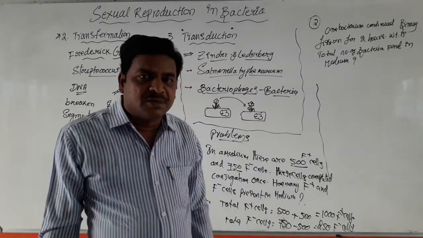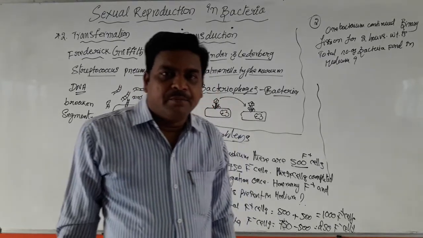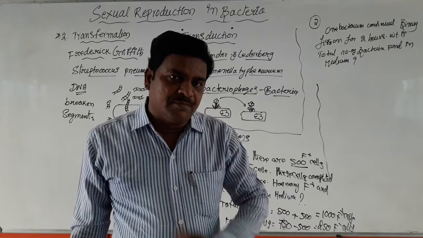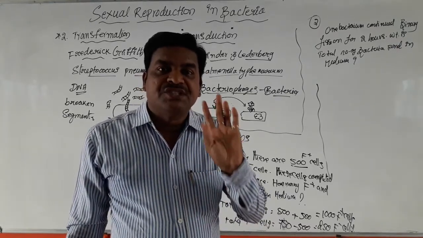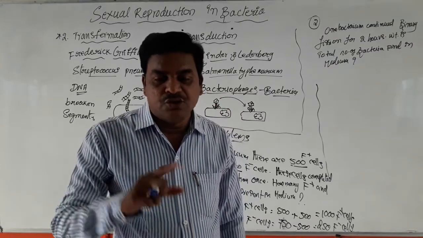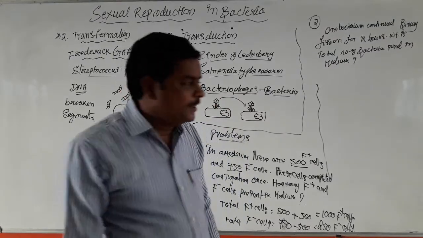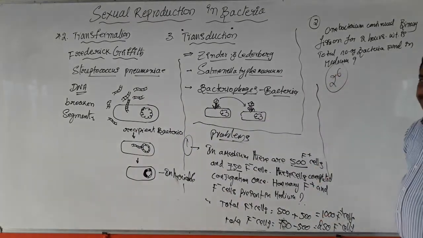What is the total number of cells present in such a medium? Every bacterium takes 3 binary fissions per hour. For 2 hours, the bacterium multiplies 6 times. That is 2 power 6.